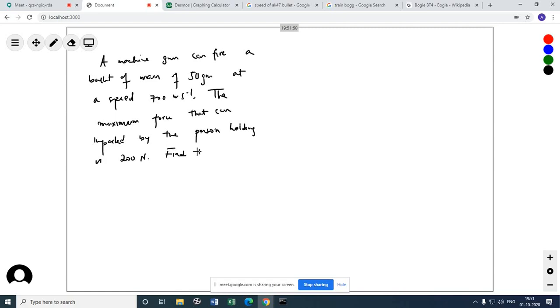Find the number of bullets that can be fired by the gun per minute. Can you do this? How to do this? Can try.